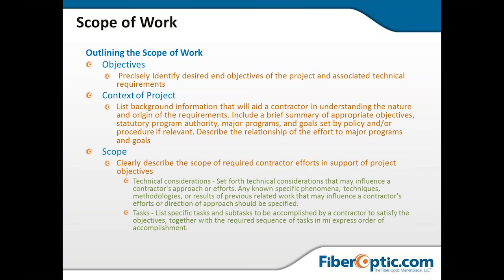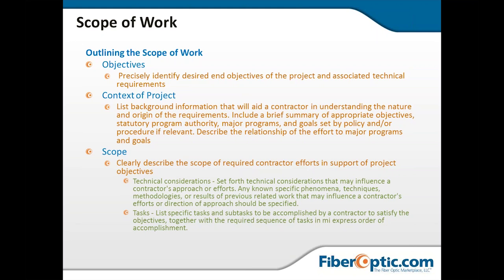Because if the objective is to get fiber from one place to another, well, if the context is that we're trying to get fiber from one place to another for a 10 gig system which is going to be transmitting video, then the video implies that maybe I need an APC connector. The 10 gig implies that I maybe need single mode or OM3 or OM4 fiber.